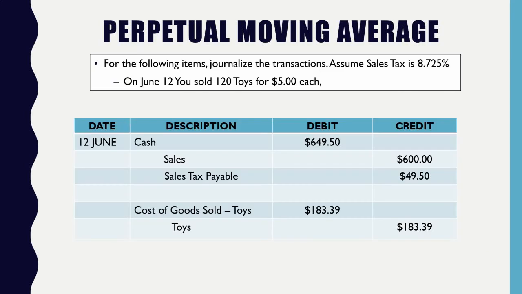So then let's take a look at what happened on June 12th, because in this scenario, we ended up selling 120 toys.